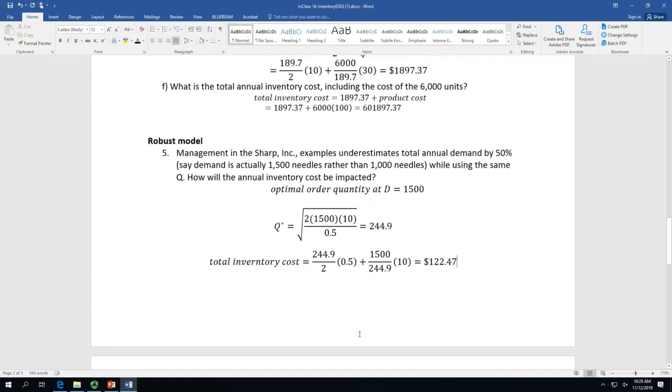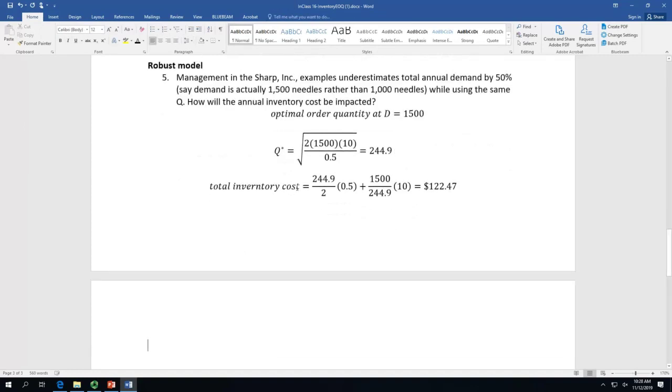But how about if we do not calculate the new Q star and use the original Q star, which is at the demand of 1,000, and see what the total cost is.